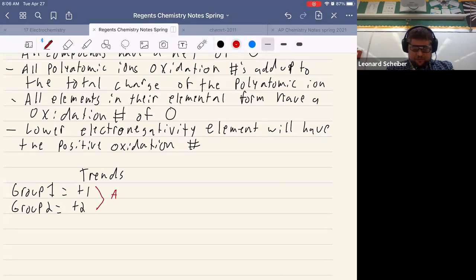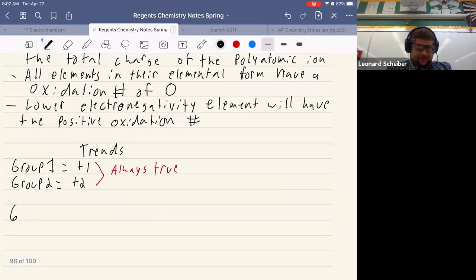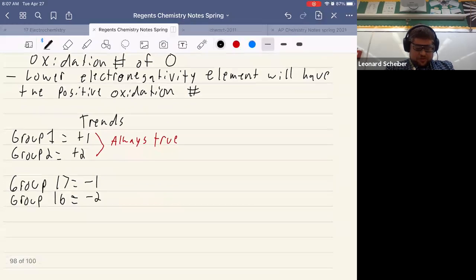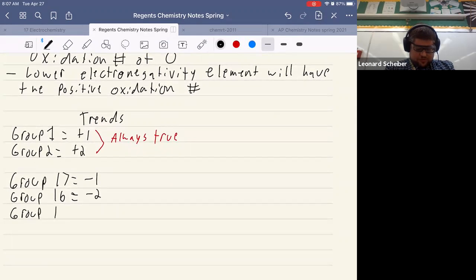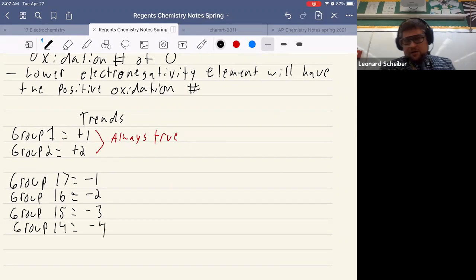These are like always true, or at least the group 1 metals and the group 2 metals. Group 17 can be -1. Group 16 will be -2. Group 15 will be -3. Group 14 will be -4.